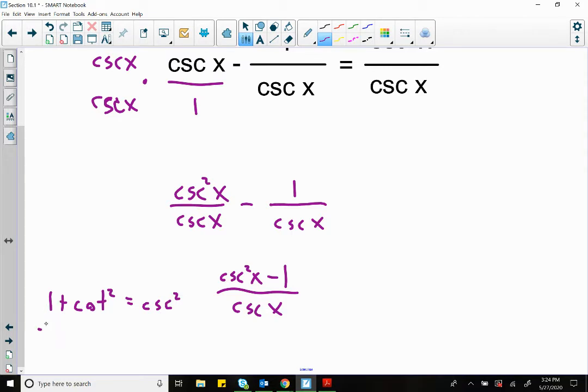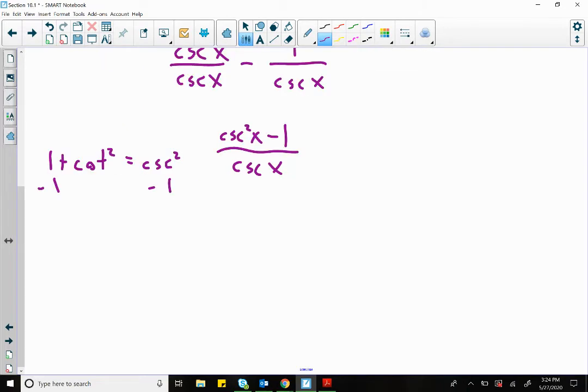If I just subtract the 1 and move it over here, oh my gosh, cotangent squared is equal to cosecant squared minus 1. It matches. So I can just take and replace it with cotangent squared x all over cosecant x.